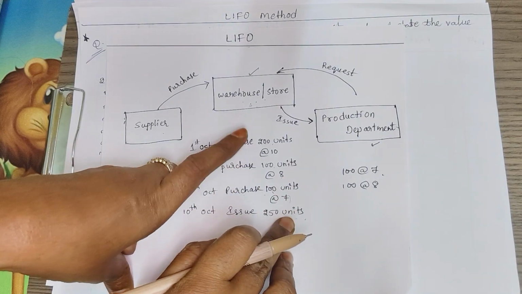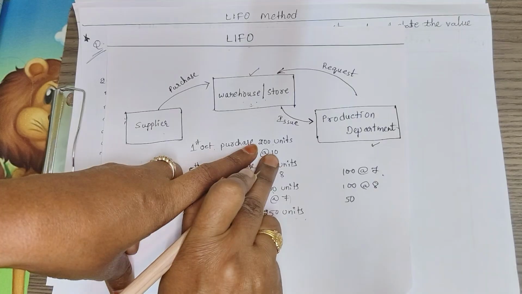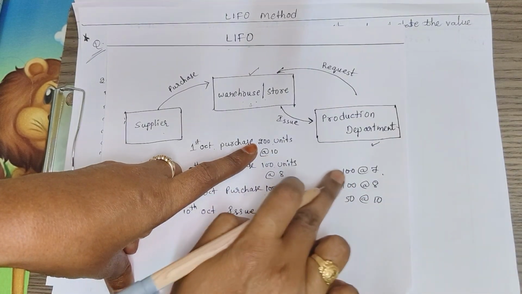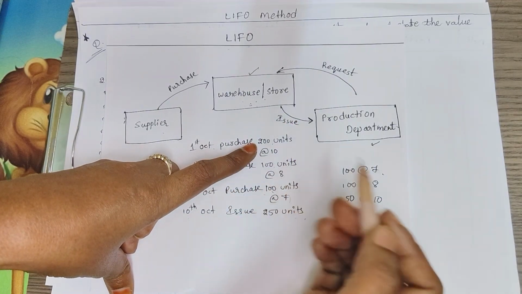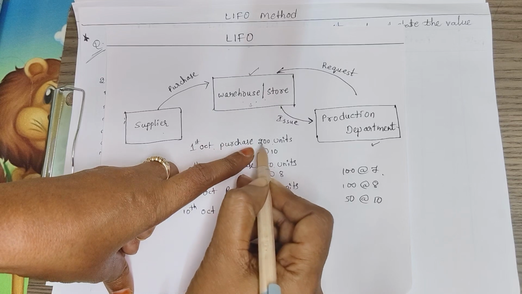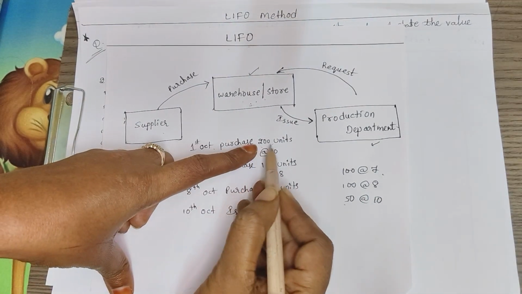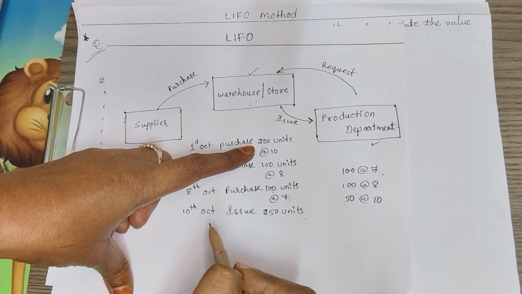Remaining 50 is from the first purchase. So, out of 200, we are issuing here 50 at the rate of 10 rupees. So total 250 units are issued from the store by using the LIFO method, last in, first out. So how much leftover stock is here in our store? 150, because out of 200, we issued 50, and the remaining 150 units are available in our store on the 10th.